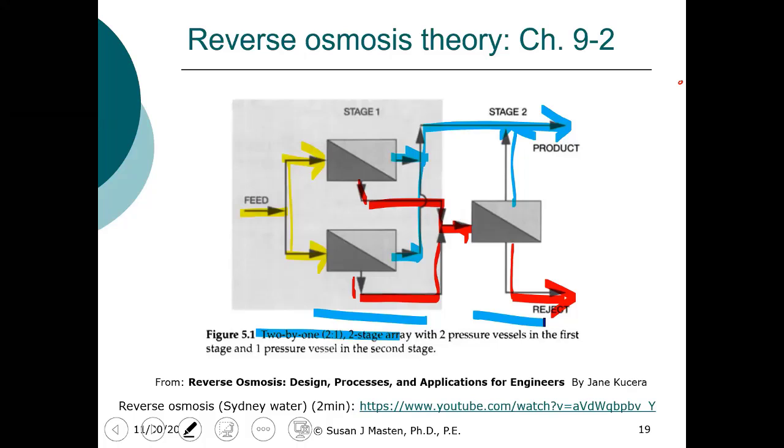Why would we do this? We could make the first stage a larger pore size, and then the second stage a smaller pore size. So we could change the pore size. Typically, your stage 1 is going to have more membrane units on it, so you're basically squeezing out as much water as you can reasonably do for that conditioned water.